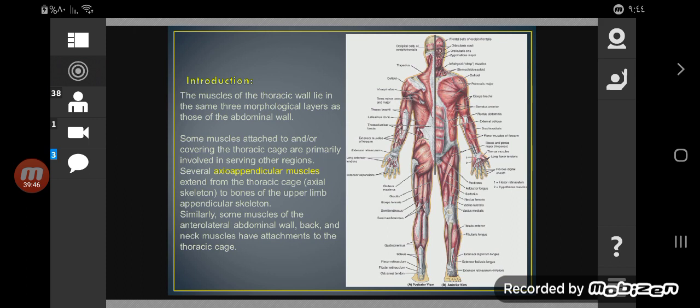For example, you've got 20 intrinsic muscles in the hand.